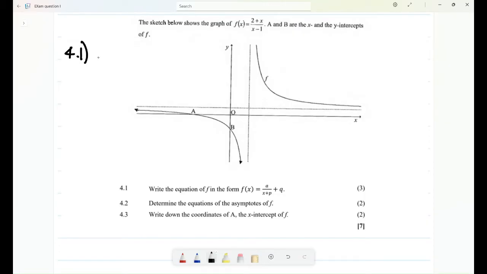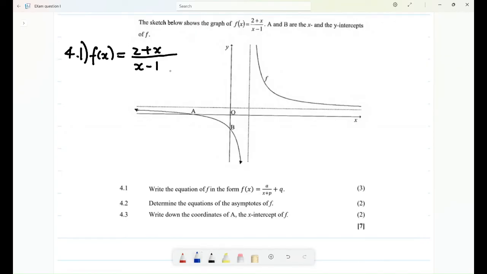Now 4.1, let's answer 4.1 here. How do we move from this to that? Remember, I said just do this. f of x is equal to, check your denominator. Your denominator is x minus 1. Whatever this value is, you want to make sure it appears at the top. So just write this 2 plus x.